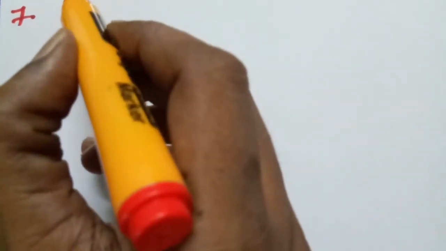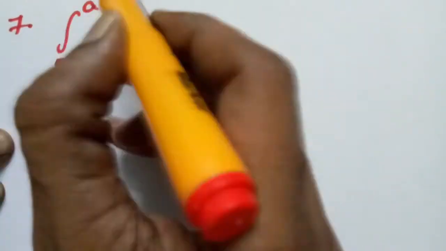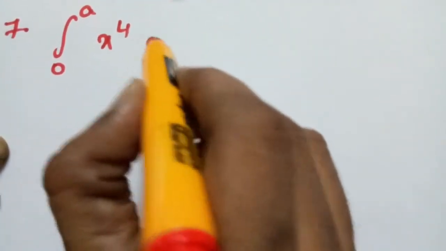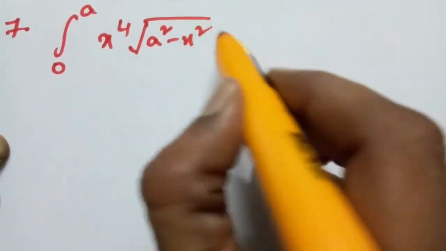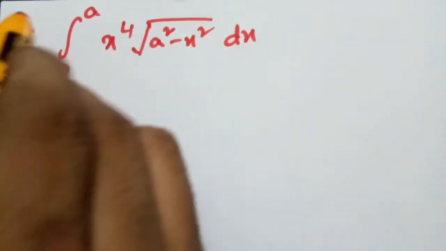Problem number 7. Integral 0 to a x to the power of 4 into square root of a square minus x square dx. Evaluate.